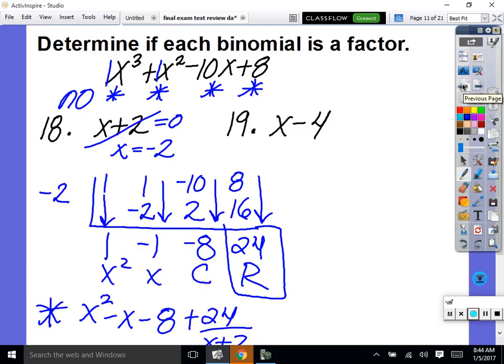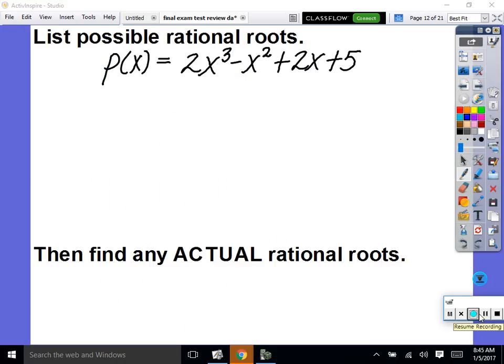Okay, next thing, it says, list the possible rational roots. Guys, this has been a long time ago, and this is a lot to remember, so watch very quickly. Remember that what we're doing is we're listing the possible solutions that are rational, meaning that can be written as a fraction, correct? The solutions that are nice and pretty.